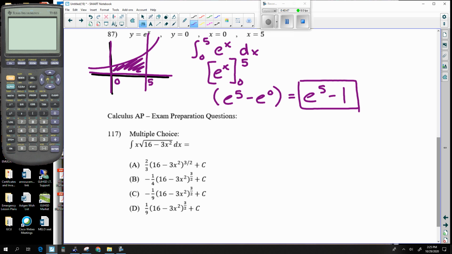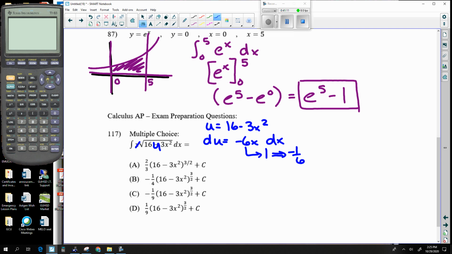Okay, use substitution on this guy right here. Okay, so again, that eliminates the derivative. This is now the letter u.